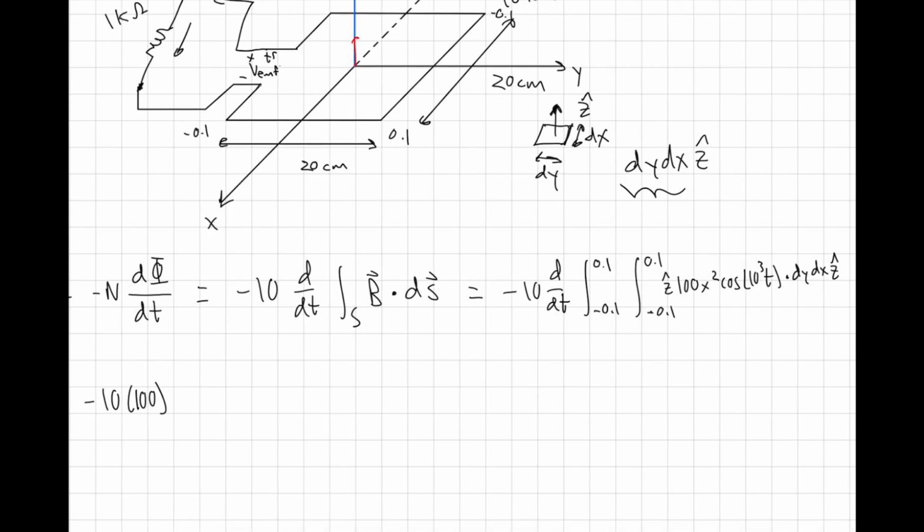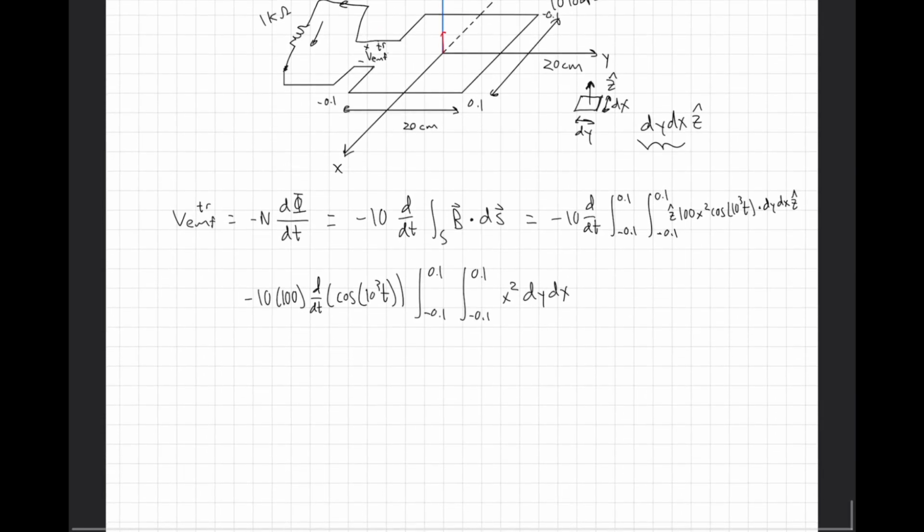We can pull out the time varying stuff as well. So the derivative is going to go on d over dt of cosine of 10 cubed t, and then inside we're going to have the integral from negative 0.1 to 0.1, negative 0.1 to 0.1 of x squared dy dx.